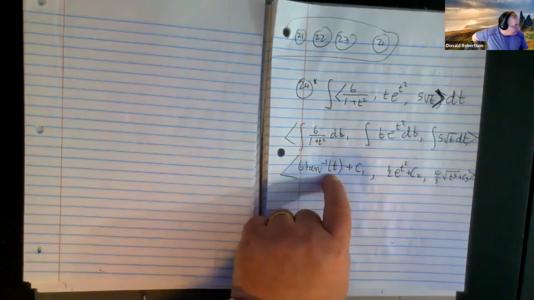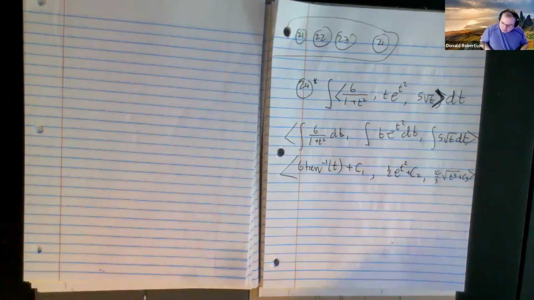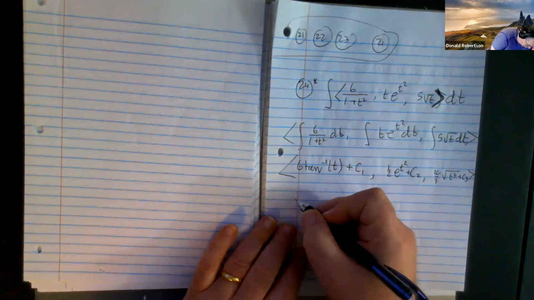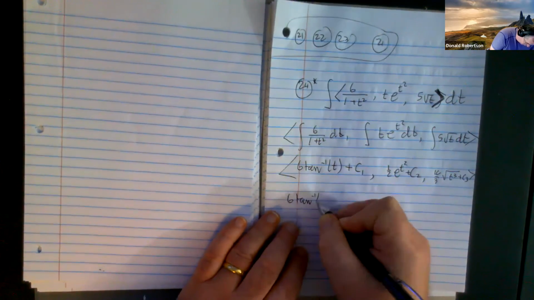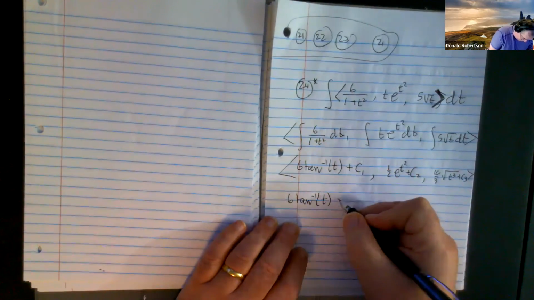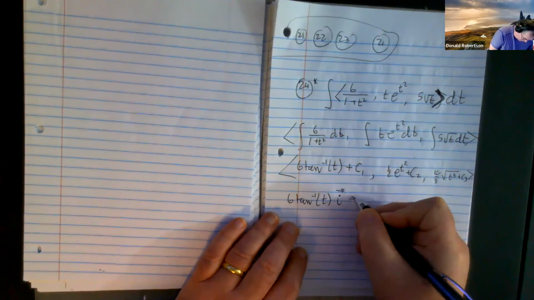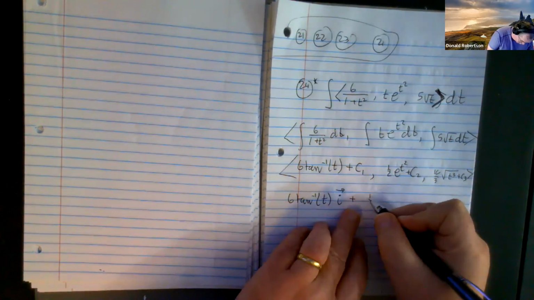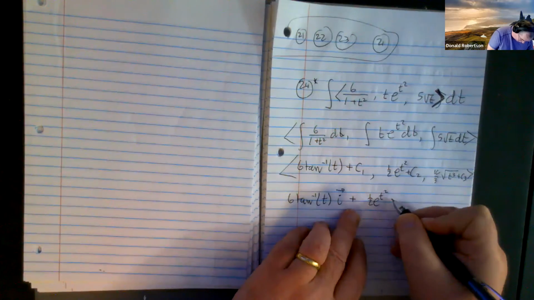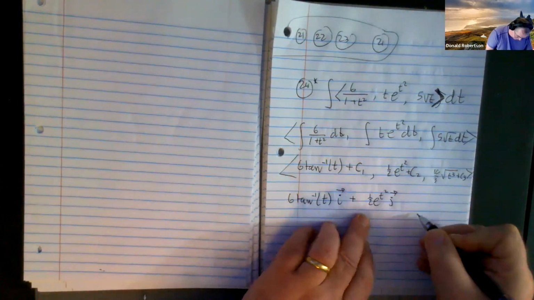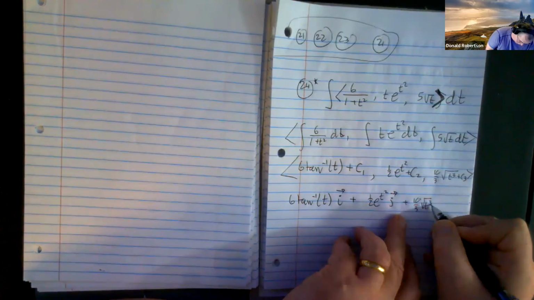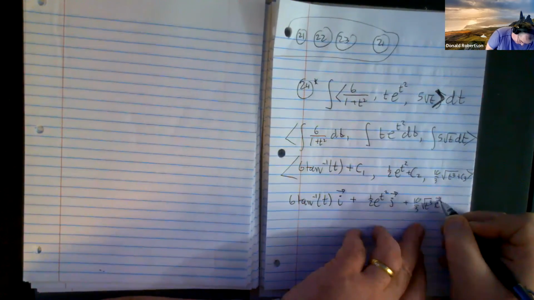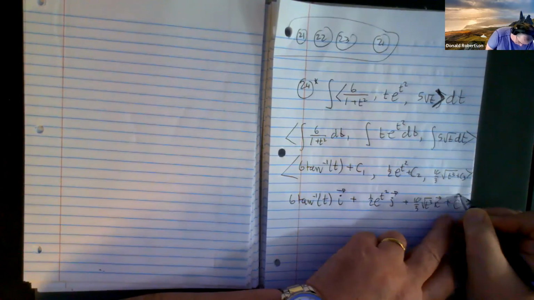Now, let's show you how you write that into WebAssembly. You are going to do 6 inverse tan of t i plus 1/2 e to the t squared j plus 10/3 square root of t cubed k plus c.